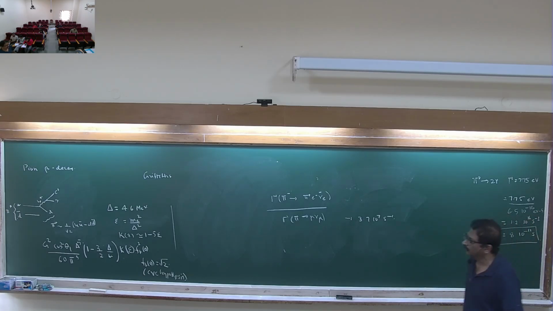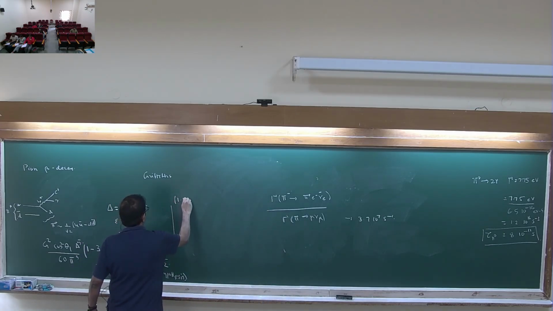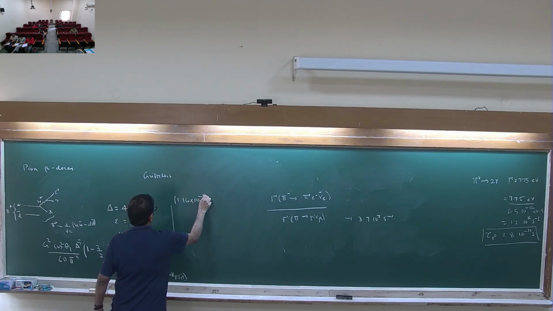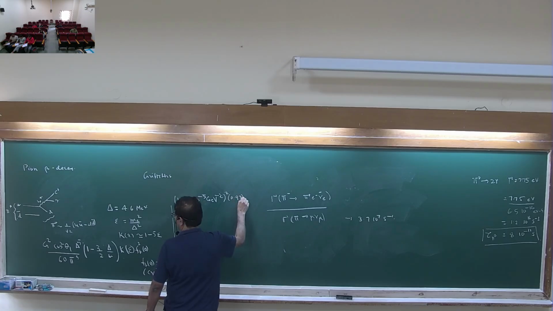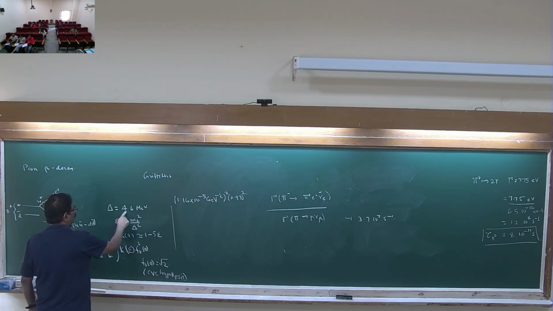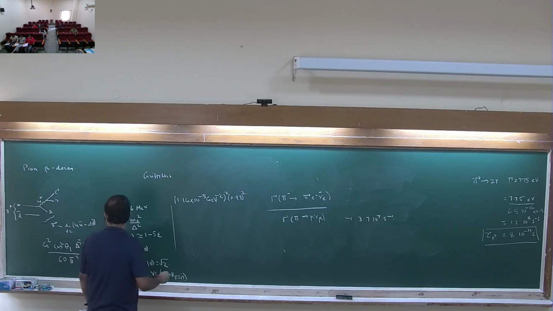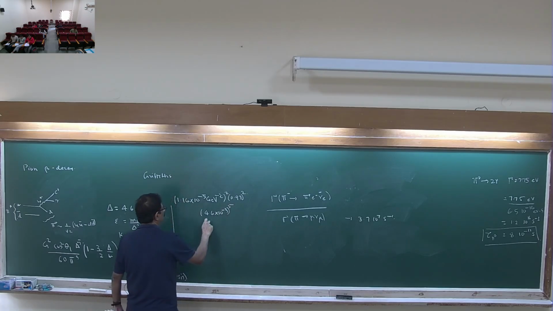G, what is capital G? 1.16 times 10 to the minus 5 GeV to the minus 2, squared, 0.97 squared. So this delta to the 5, now again this thing is in MeV, so we have to get 4.6 times 10 to the minus 3 to the 5th power. Now remember that we saw this 5th power somewhere else. Where did we see this 5th power?